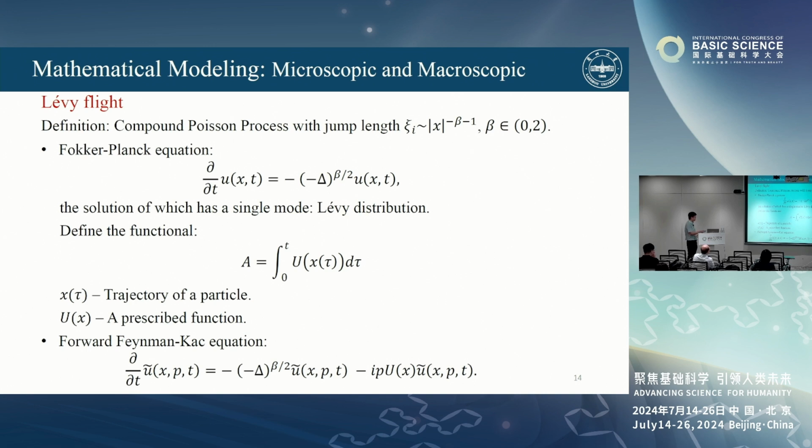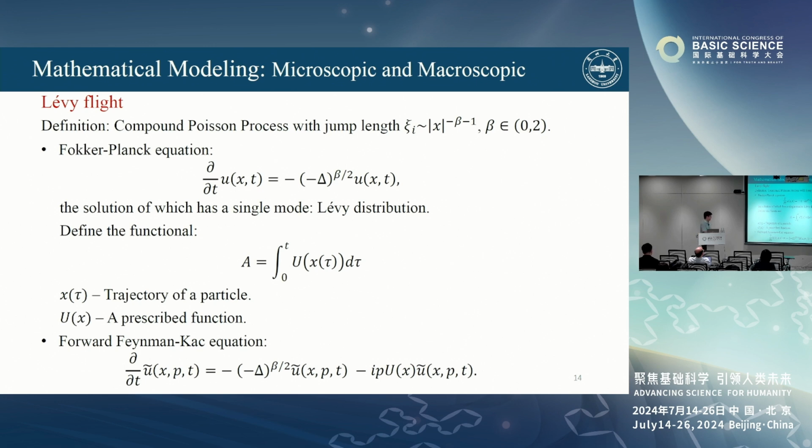This is the joint distribution of x and A. In fact, we do not directly get the distribution of x and A; we get p, a Fourier pair of A. We do the Fourier transform from A to p. So the equation we derived is for U, the joint distribution of x and p.